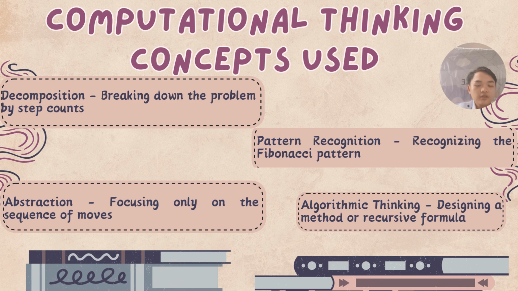In pattern recognition, if we look in more detail, we can see that this is the Fibonacci pattern. For abstraction, we only need to focus on the sequence of moves, and we can ignore the place the man goes. And for algorithmic thinking, we can design a method or a recursive formula to solve the question.